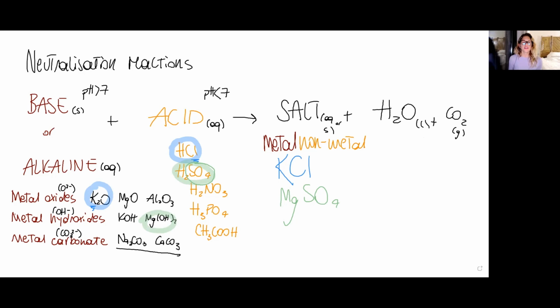So how do we learn these neutralization reactions? My suggestion is to have a list of alkalis or bases and a list of common acids, maybe with their names, and practice their combinations. Let's write the reaction between sodium oxide plus, you can choose an acid from your list, let's say nitric acid.